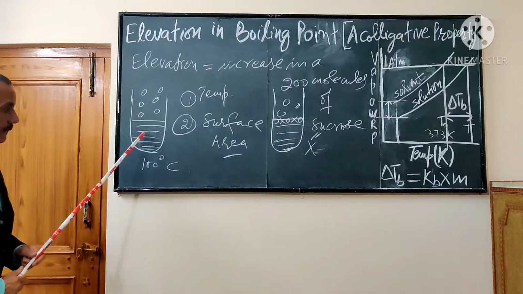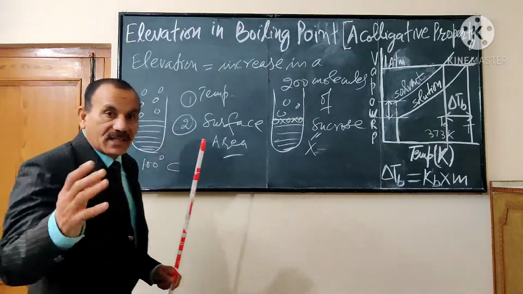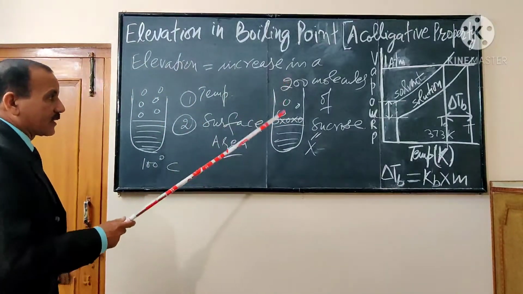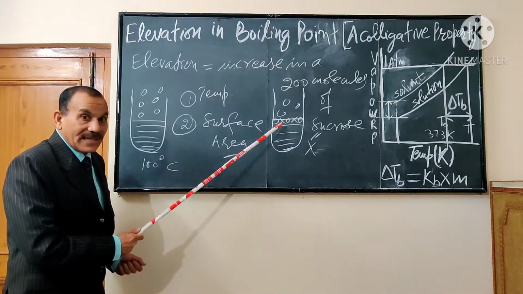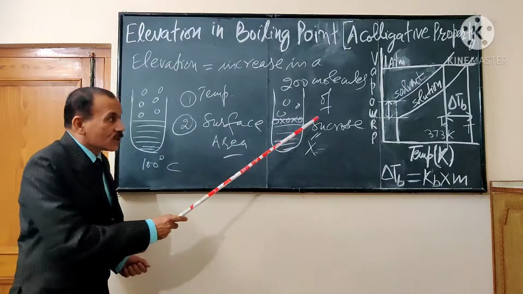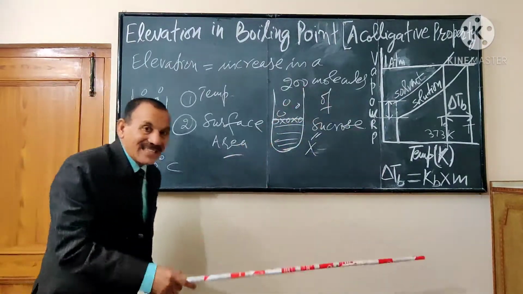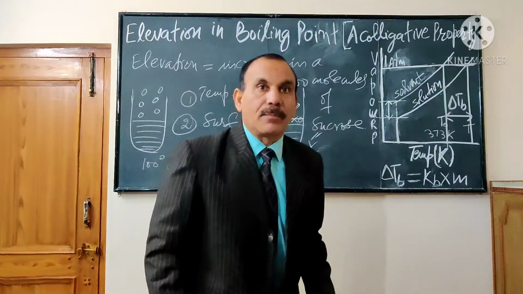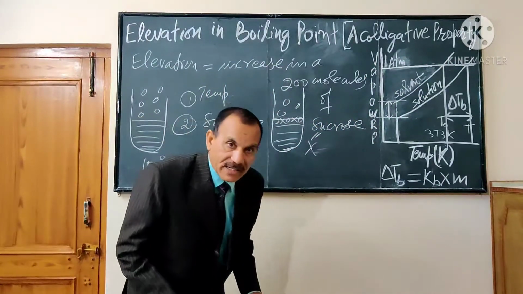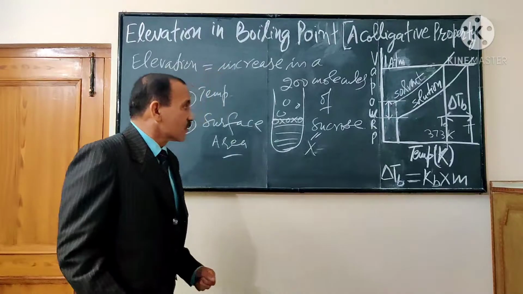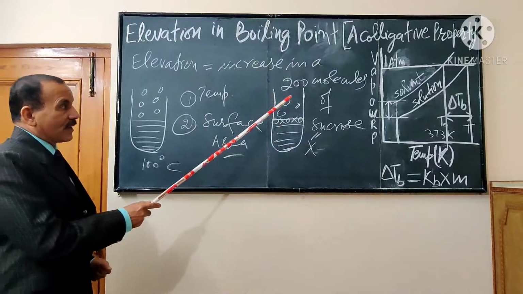On heating, pure water boils at 100 degrees C, but here the vapor pressure of water in solution is less, because sucrose is a non-volatile compound. Sucrose does not vaporize. We have fewer vapors.